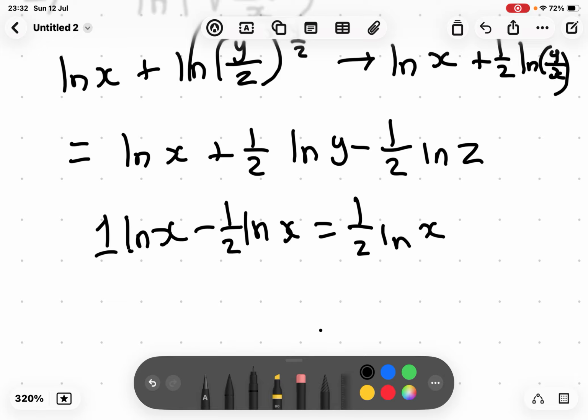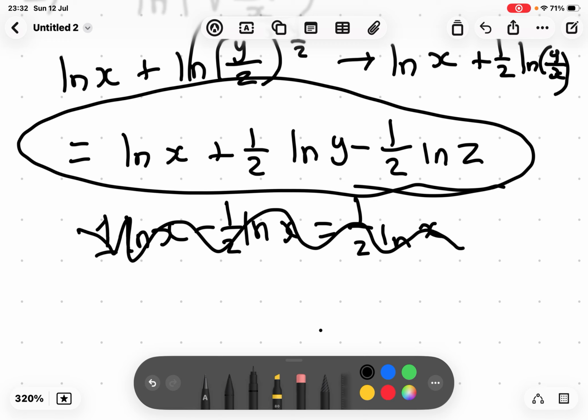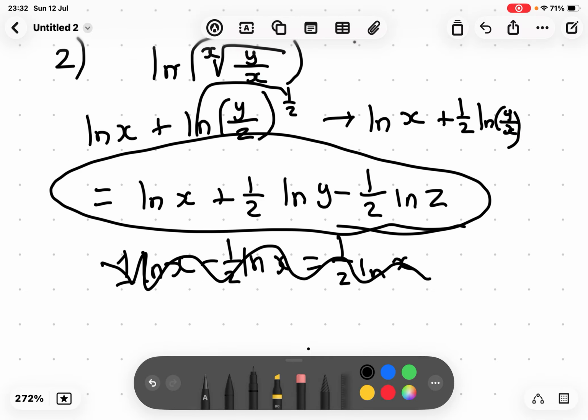Let's see. Okay, yeah. So yeah, this is the end result. I mean, it does seem very hard. It does, generally.